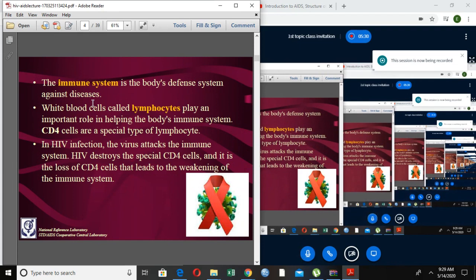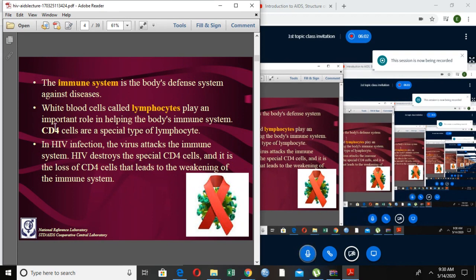We have different kinds of white blood cells: lymphocytes, basophils, neutrophils. All these are white blood cells that normally protect our body from getting diseases. But the white blood cells of most concern in our unit are lymphocytes, and these lymphocytes play an important role in helping the body immune system.